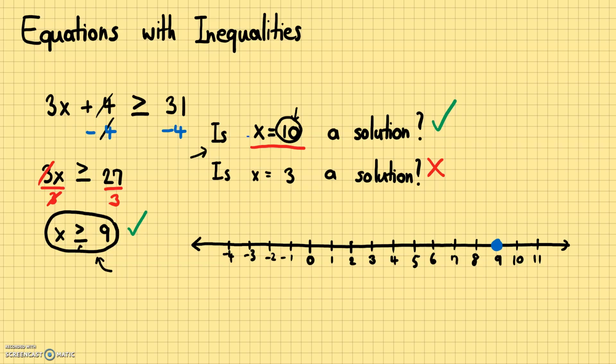Because it's greater than or equal to, and because it's greater than 9, our arrow is going to go this way, right?